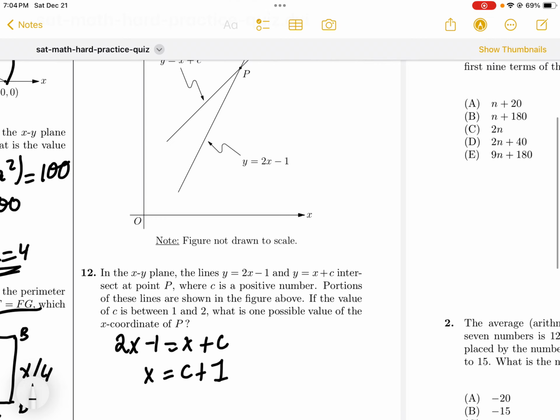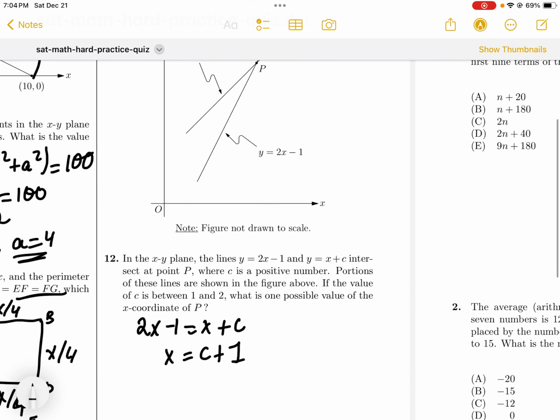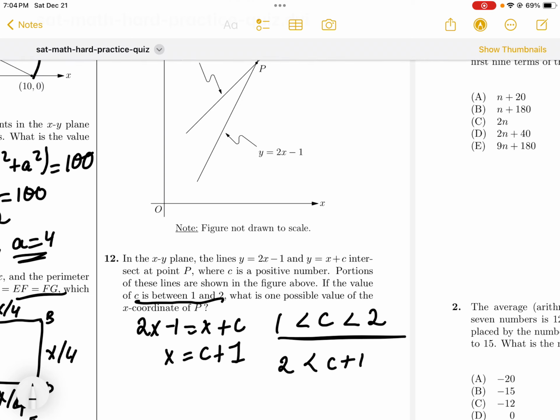They tell us that c is between 1 and 2. So that means this is true about c. Let's add 1 to both sides of this inequality. We get 2 is less than c plus 1, which is less than 3.